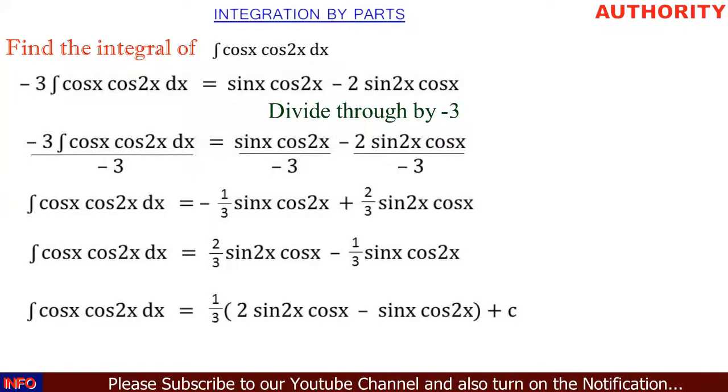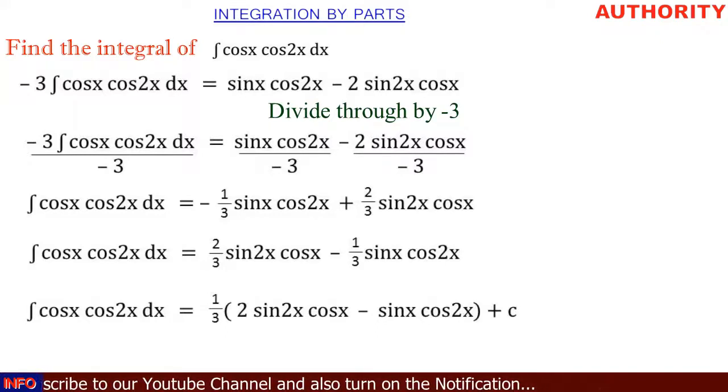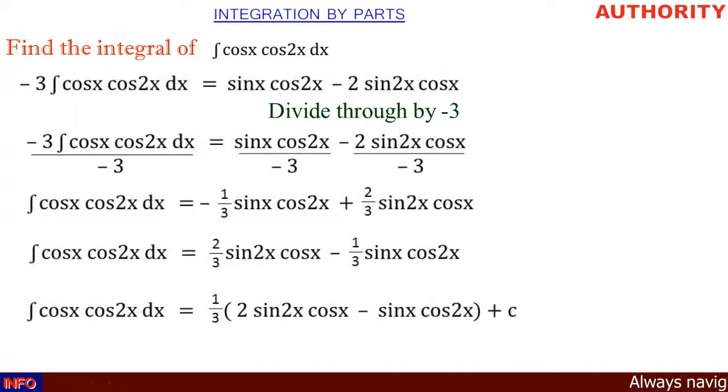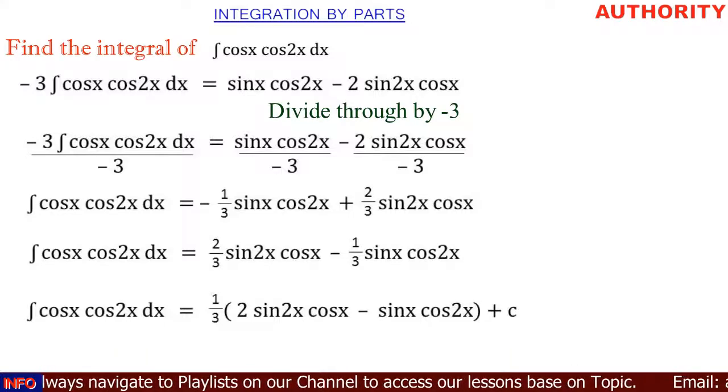So when we do so, we're going to have integral of cos x cos 2x dx is equal to 1 all over 3, and then in the big bracket, what is the remaining is 2 sin 2x cos x minus sin x cos 2x in bracket plus c, so that when you say 1 all over 3 times 2 sin 2x cos x is going to give you 2 all over 3 sin 2x cos x, and then when you say 1 all over 3 times minus sin x cos 2x is going to give you minus 1 all over 3 sin x cos 2x. Then in brackets we say plus c.